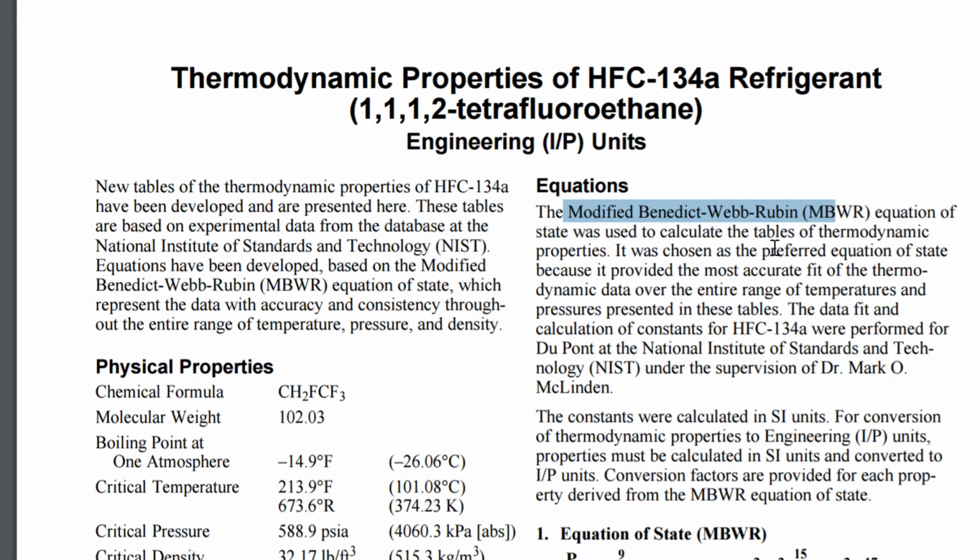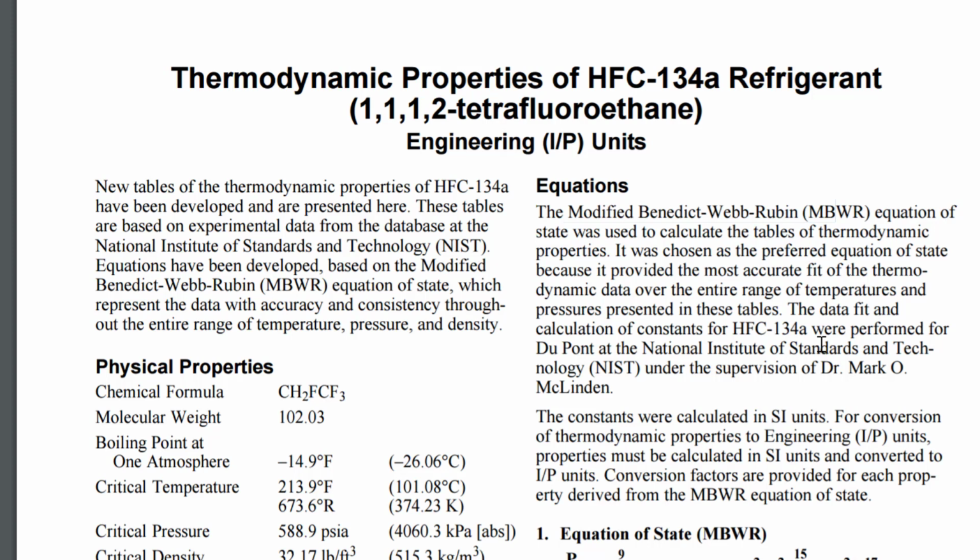It was chosen as the preferred equation of state because it provided the most accurate fit of the thermodynamic data over the entire range of temperatures and pressures presented in these tables. The data fit and calculation of constants for R134A were performed for DuPont at the National Institute of Standards and Technology under the supervision of Mark McLinden, which we just looked at in the paper.